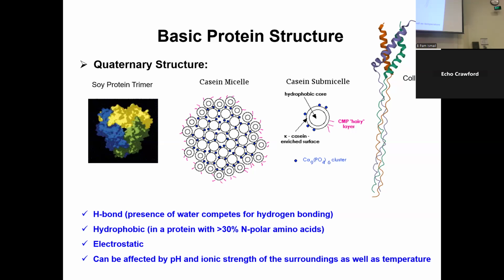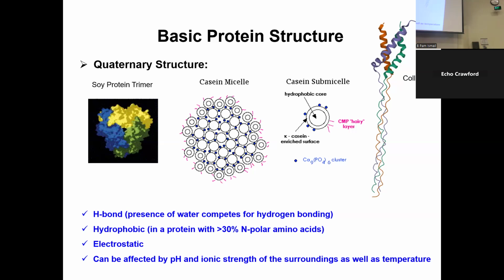Those quaternary structures are impacted a lot by environment. But what's in the environment? Any changes in the charge, presence of organic solvents. In casein, try to take the calcium out, the whole micelle collapses. So they are really influenced by the environment, and that's what we call, later on I'm going to introduce, association and dissociation.